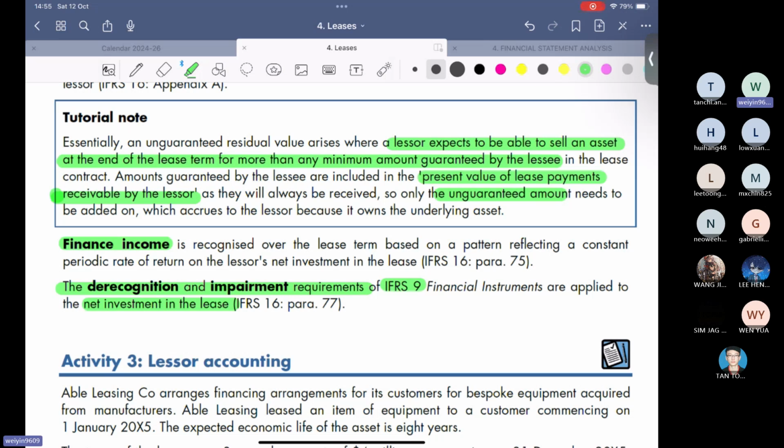So you may need to calculate impairment of your lease receivable, because there can be a chance that your lessee doesn't want to pay you. If so, then you will follow the requirements based on IFRS 9.